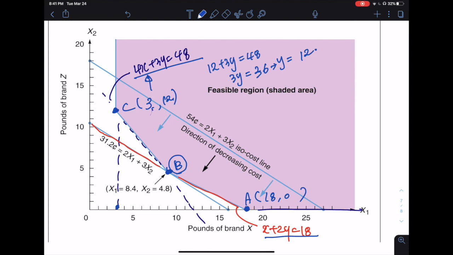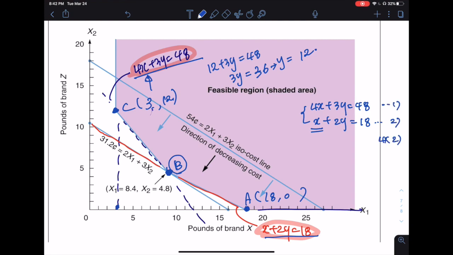Now, how to find B? B is kind of complex because we have to find the intersection of two linear equations, this equation and the other equation here. So let me show you. The first equation is 4x plus 3y equals 48. And the second equation is x plus 2y equals 18. I decided to cancel out the variable x, so let's multiply equation 2 by 4.